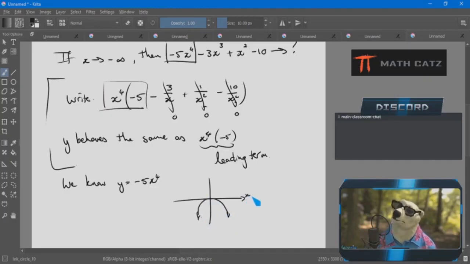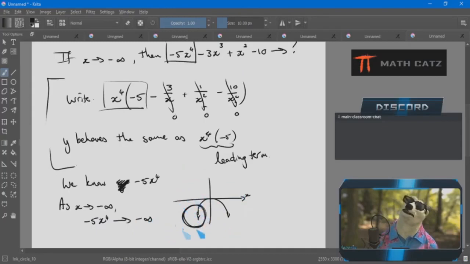So long term, I'm now looking at the far left, as x approaches -infinity. -5x to the 4 approaches -infinity. Because it's a transformation of my basic graph, I can easily read it off.